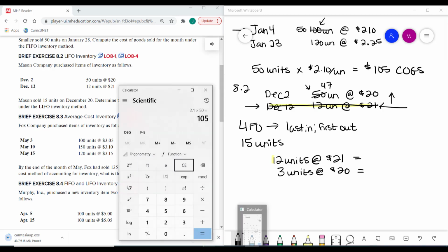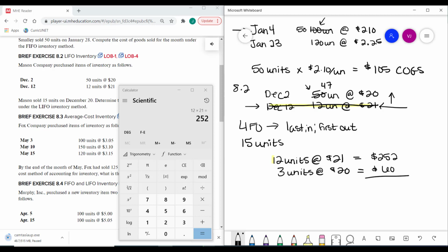Okay, so let's do 12 times 21, 252, and 3 times 20 is 60. Let's add those two together. That gives us $312. So that's our cost of goods sold using the LIFO method.